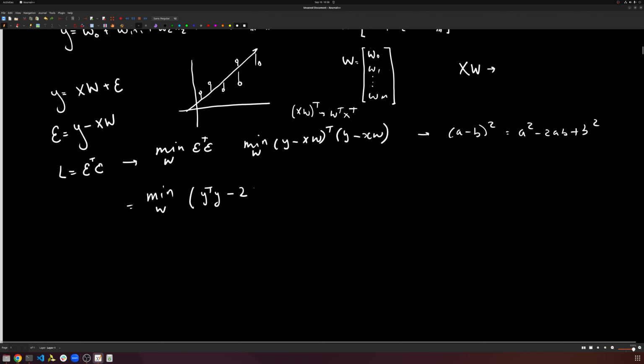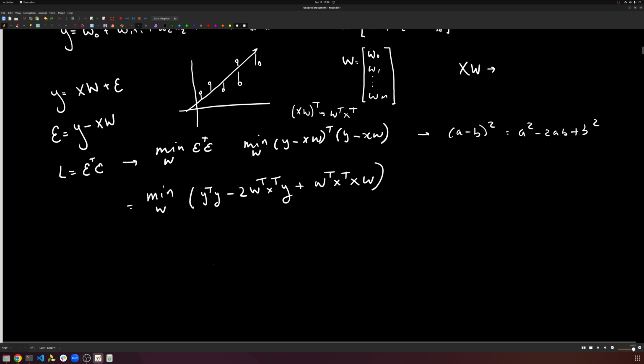So it'll be minus 2 w transpose x transpose y, because it's xw with a transpose, and then we have the y. And then plus b squared, which is again xw transpose times xw, so it'll be w transpose x transpose xw. This is our mean squared error.